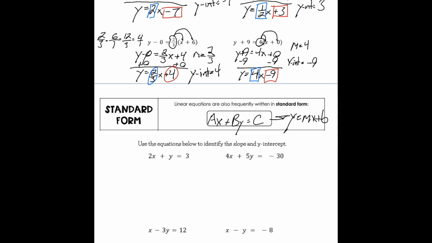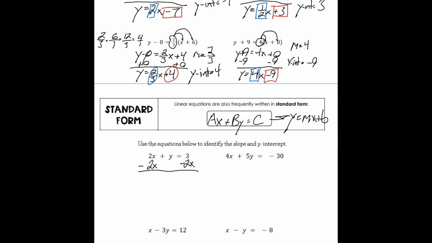So how do I move one term from one side of the equal sign to the other side? I have to do the opposite operation of whatever is happening. My 2x is positive, so that means I need to subtract 2x from both sides of the equal sign. On the left side, 2x minus 2x is 0.